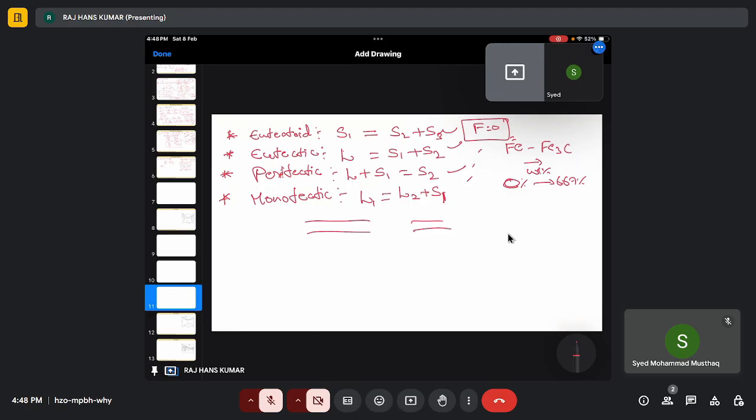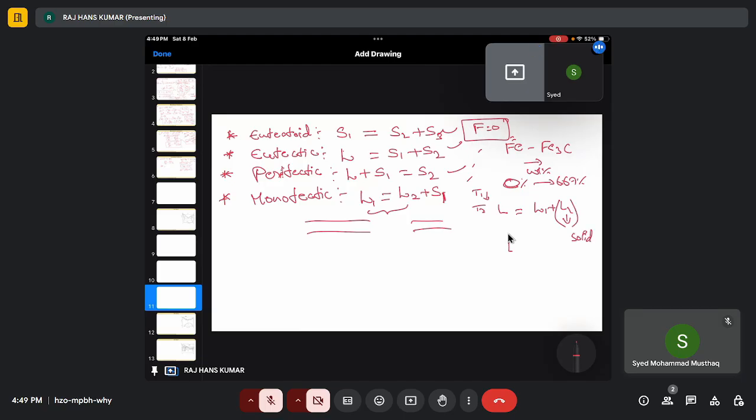Now you can see there is this immiscibility of liquids. What happens is, when temperature decreases from T1 to T2, what is happening? Liquid L1 transforms to liquid L2 plus solid S1. This liquid L2 has a lower melting point compared to this one, so that's why it will transform into solid first.